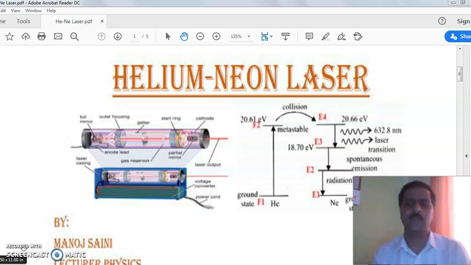To overcome that drawback of the Ruby laser, at the end of 1960, Ali Javan and his co-workers invented the helium neon laser, and this helium neon laser was the first gas laser.